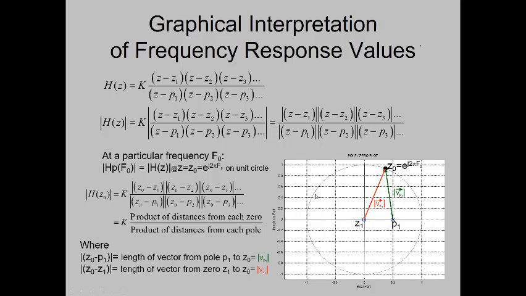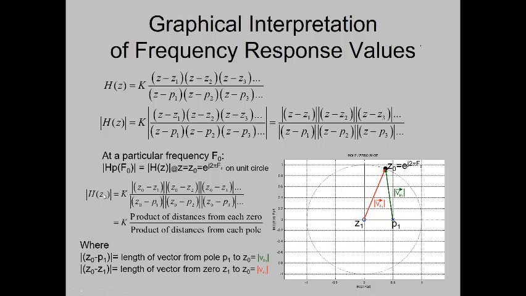And if I have more zeros, I would just have more vectors from all of them to this same point. And we're going to divide that by the distances from all the poles. And this z0 minus p1 is the distance from z0 to p1, the length of this vector that I'm calling vp1.